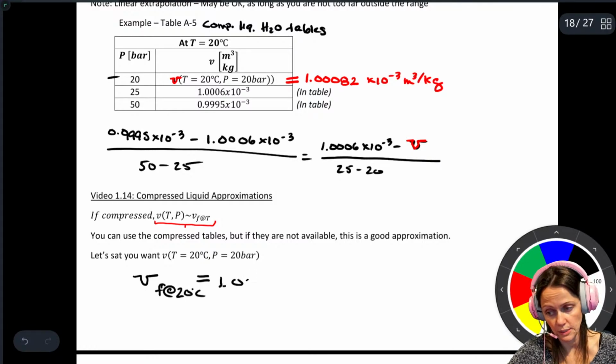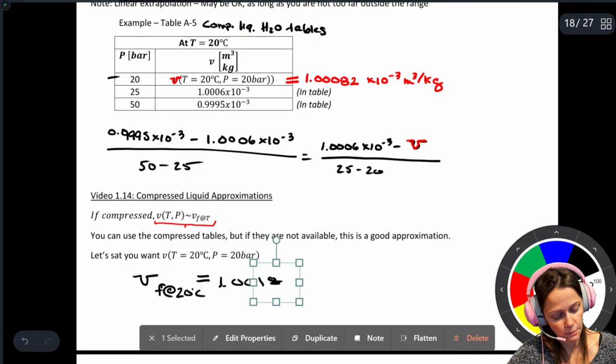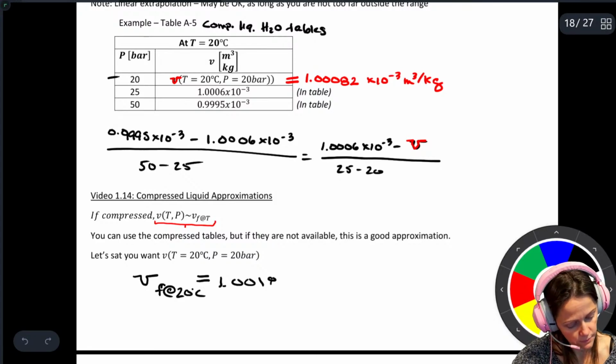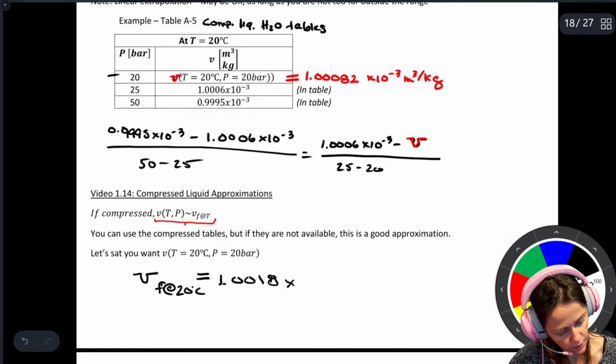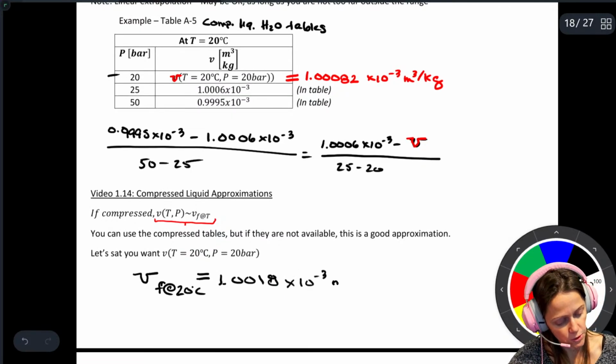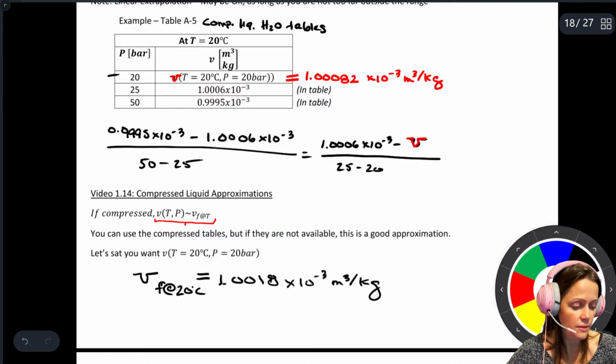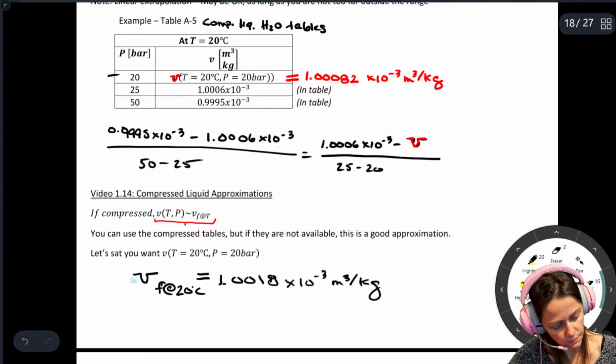It's 1.0018 times 10 to the negative third meters cubed per kilogram.